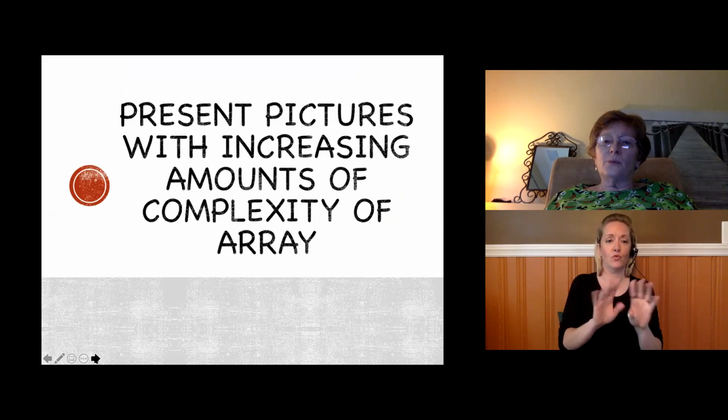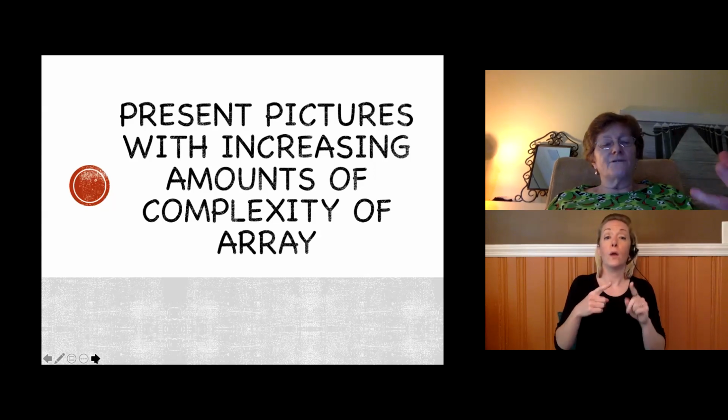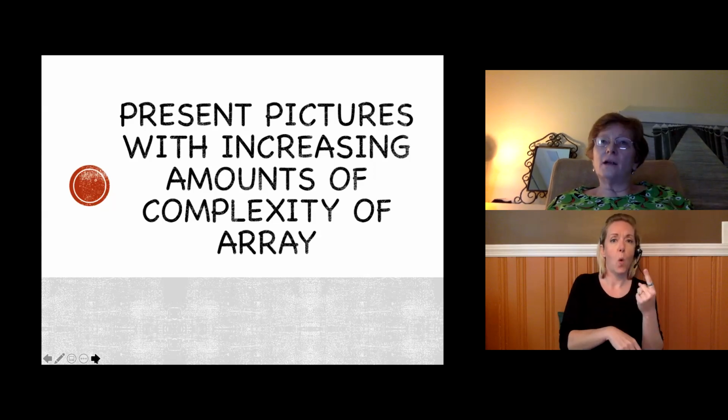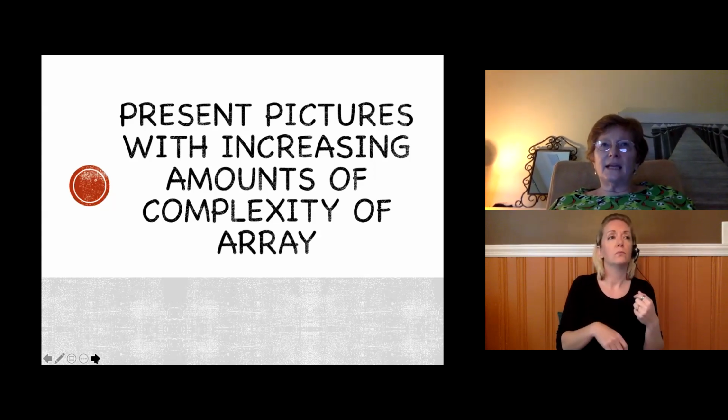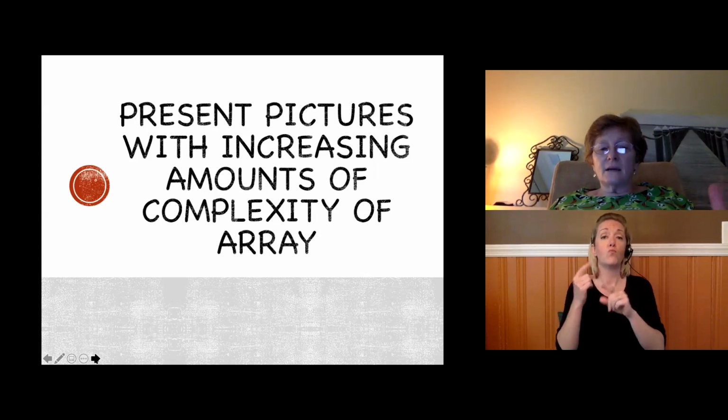When we're presenting pictures, we have to have increasing amounts of complexity of array. So at first, we're really reducing that complexity, but then as we go on, we want to move kids, if they're capable, towards more typical what's in a book.